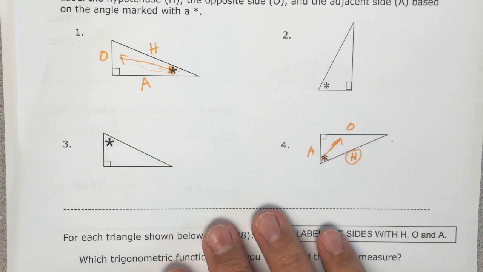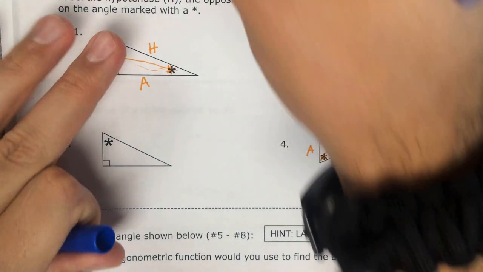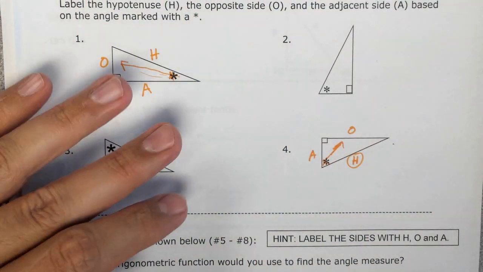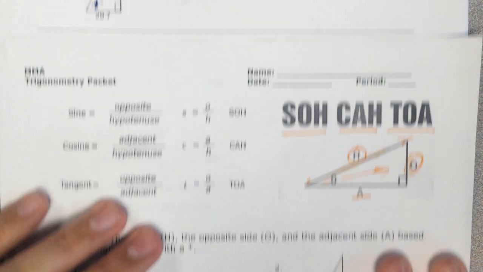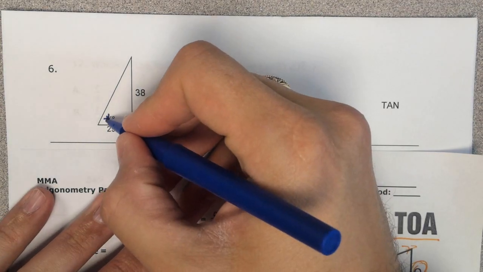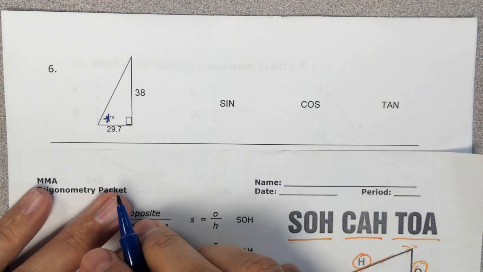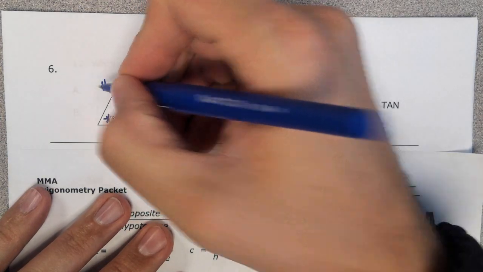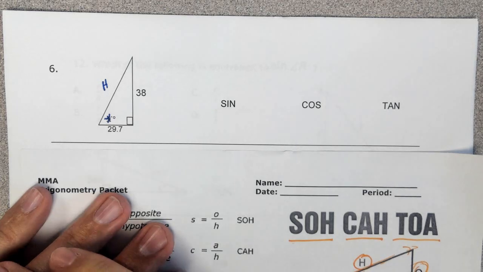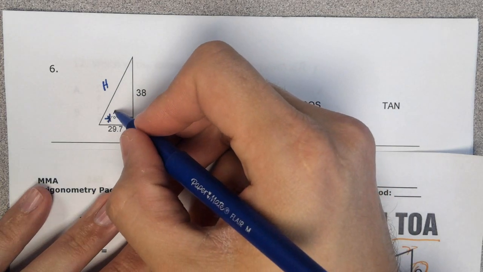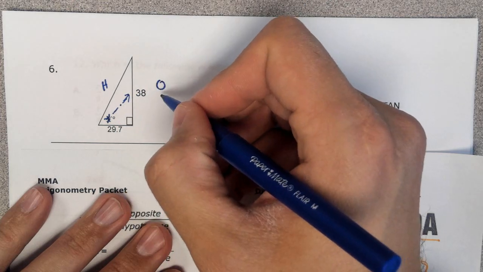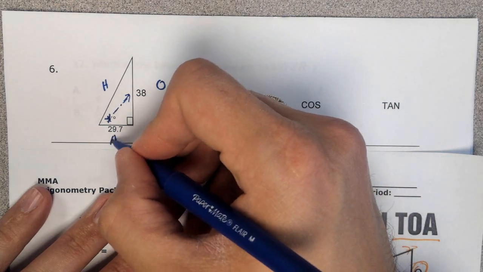Let's look at one more like that one. Let's label my sides. This is my angle I'm looking for right here. Let's go with the hypotenuse. Hypotenuse is the longest side right there. Then the side opposite or across is my opposite, and whatever's left over is my adjacent.